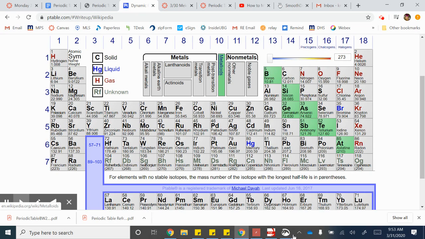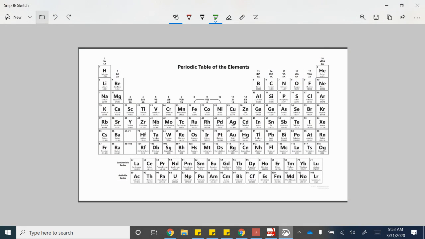So to the left of the metalloids, those are our metals. To the right are nonmetals. So if we're looking at this, we have boron, silicon, uranium. These guys are all going to be the ones that are our metalloids.